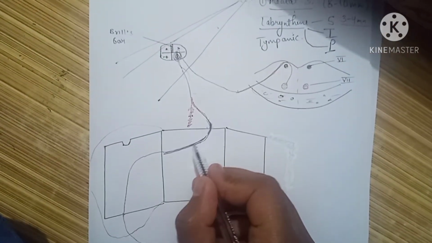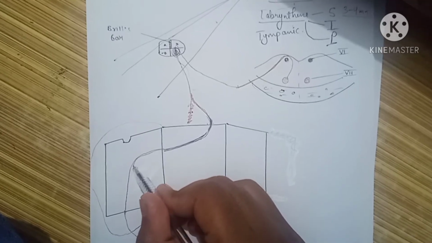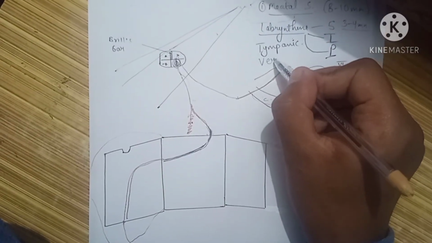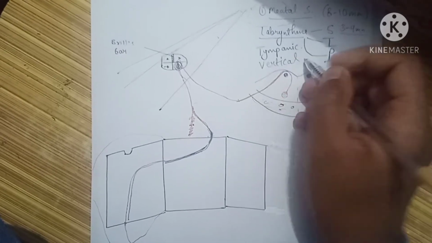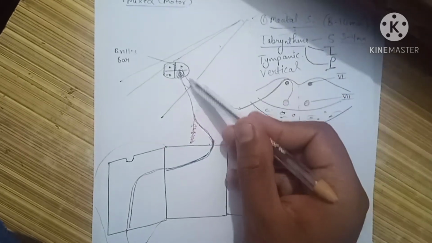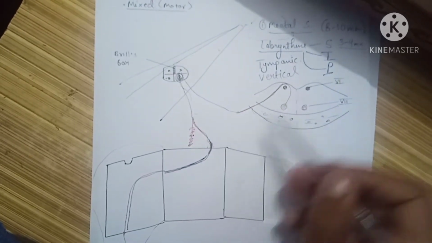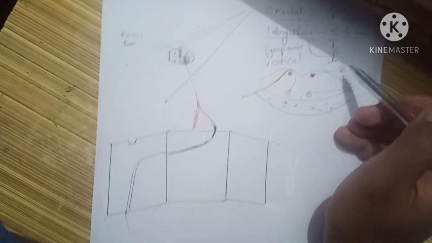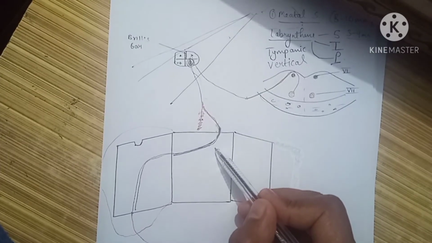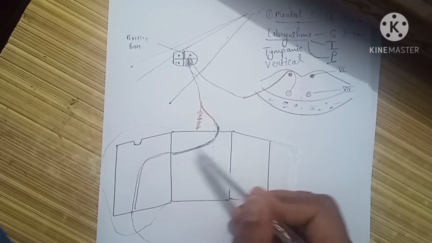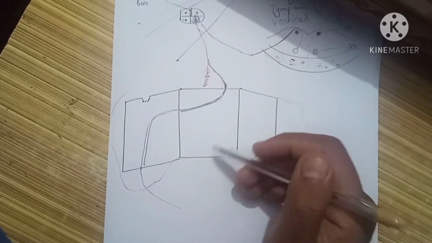After it passes through the medial wall of the middle ear, it enters the posterior wall, and that part is known as the vertical part. So within the intratemporal part, we have four parts: the meatal segment, the labyrinthine segment, which is the smallest one, the thinnest one, and most prone to injury. The third part is the horizontal segment or the tympanic segment, and the fourth part is the vertical or mastoid segment.